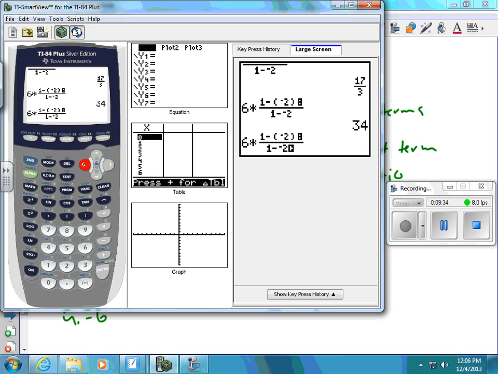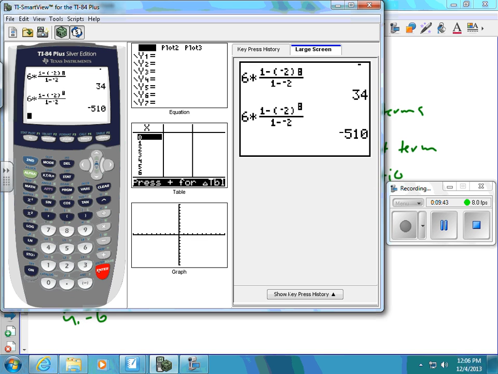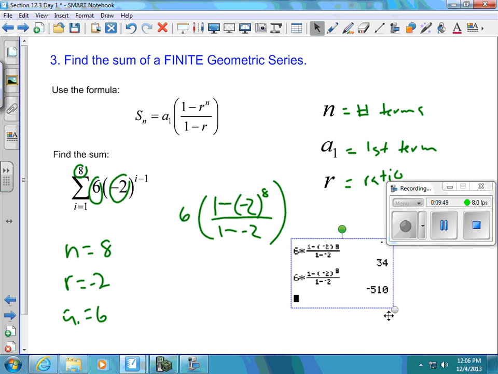I did negative 2 times 8, and it should have been negative 2 to the 8th power. Oops. First mistake of the whole year. We get negative 510. That's what I was looking for. So obviously it makes a big difference if you start hitting the keys too fast and forget the power key. The 8th power is way different than multiplying by 8. So negative 510 should have been our answer.